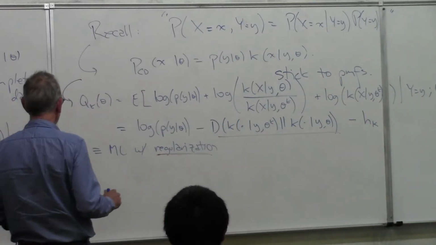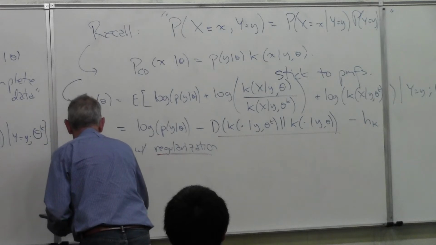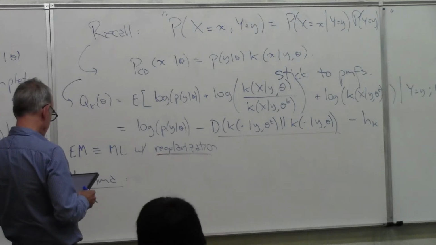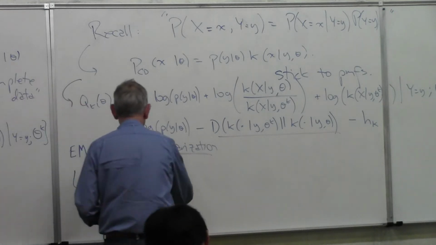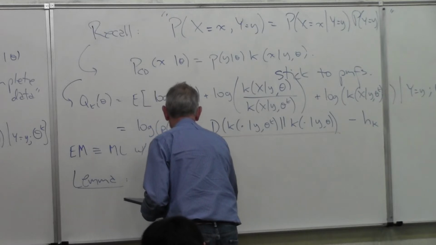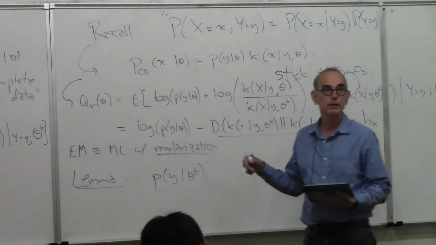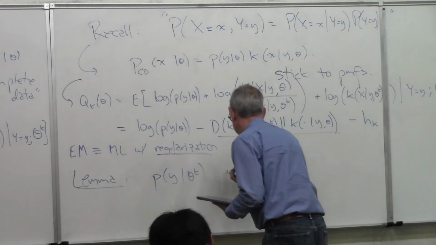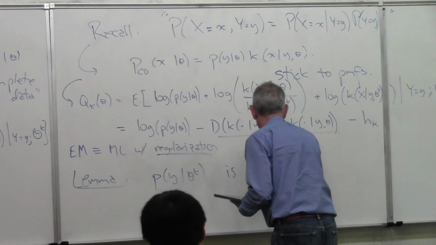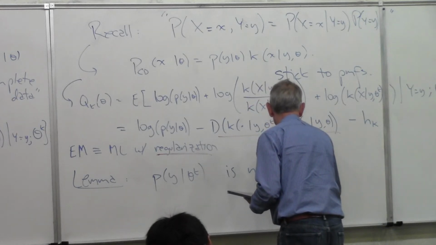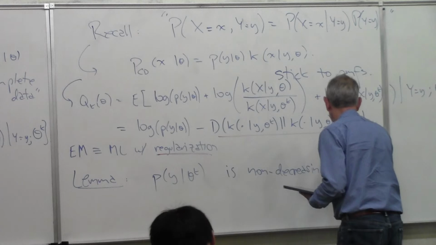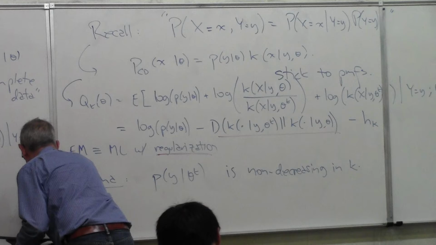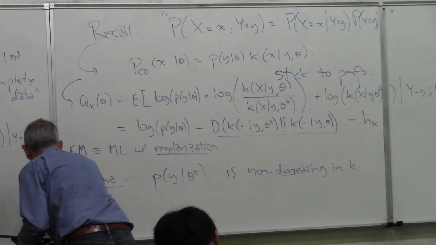One thing we get from this is a lemma: if you look at P of y given theta k, the likelihood at time k with your kth model, it's non-decreasing.